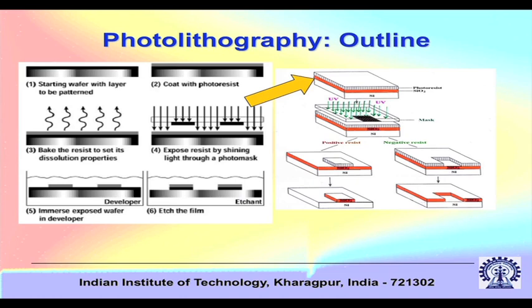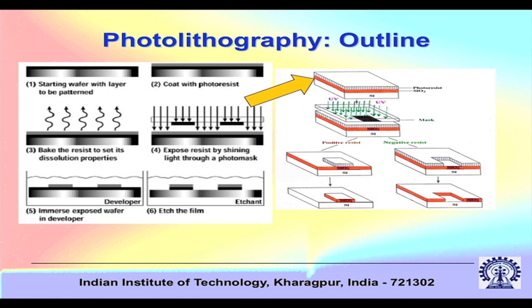So you can see here that this is an example of photolithography. I will get into a more detailed example, but just to give you an idea, sometimes instead of giving a theoretical description, if we give a diagrammatic description it becomes clearer what is happening, that is, what we are trying to do.